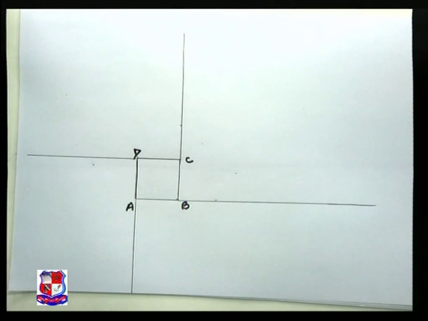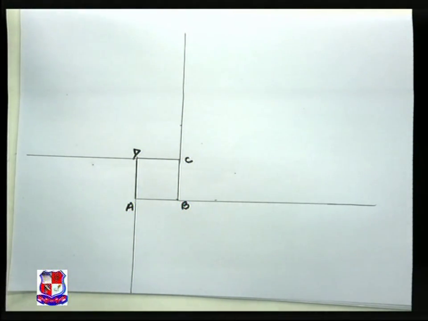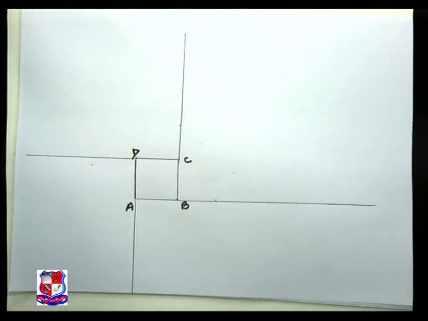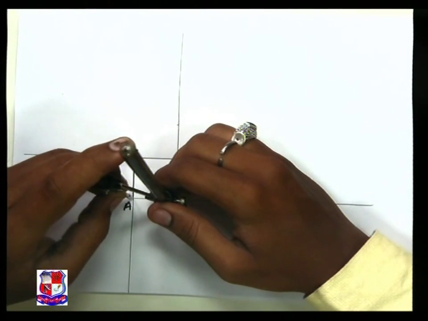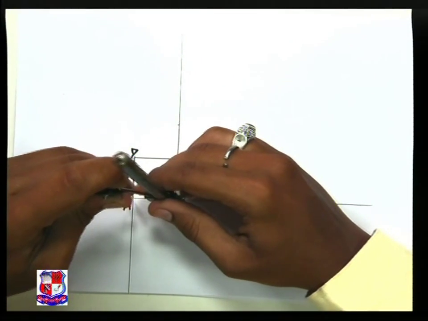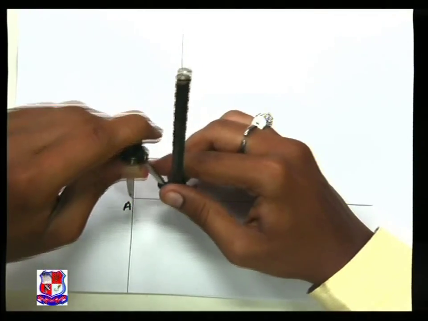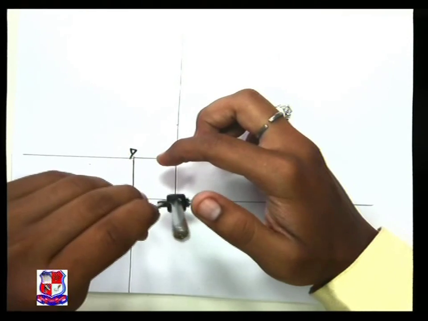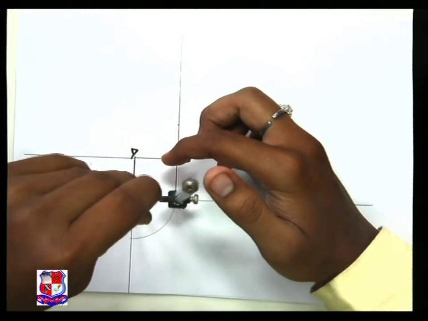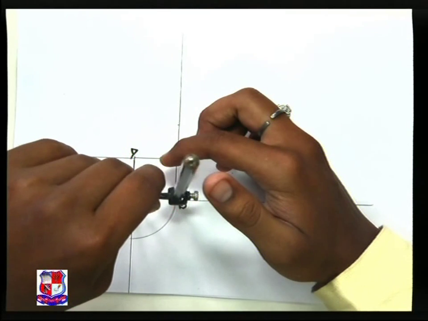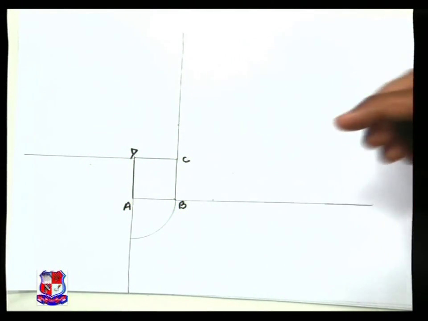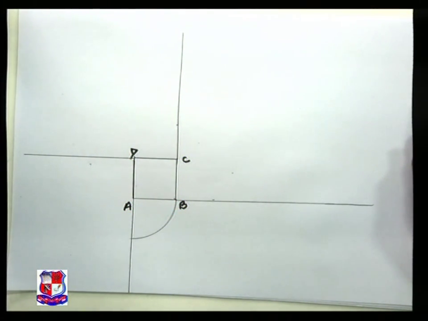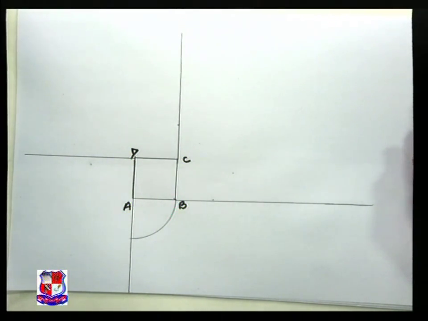Now we'll use the compass. We'll take AB as radius and A as center, and draw an arc.